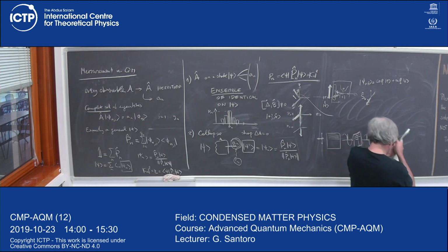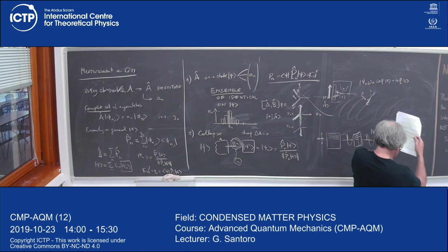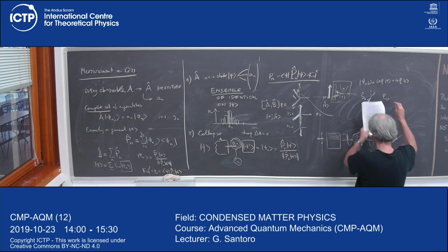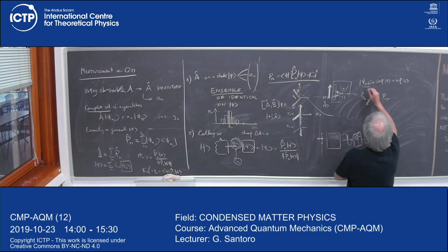So you can calculate the probability P of having plus 1/2 along x on this state here.